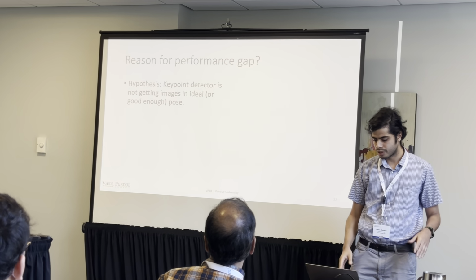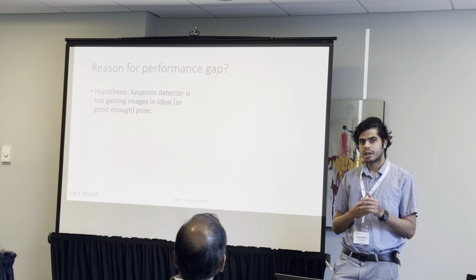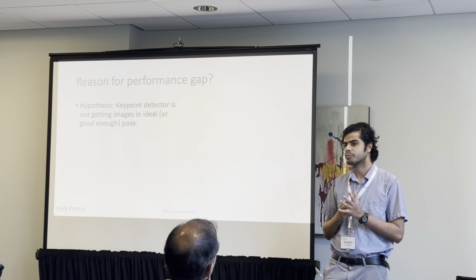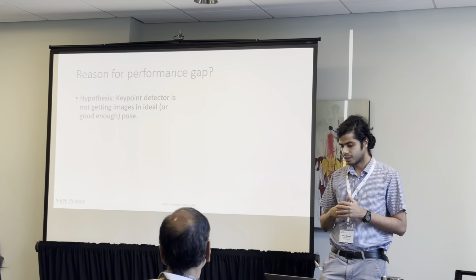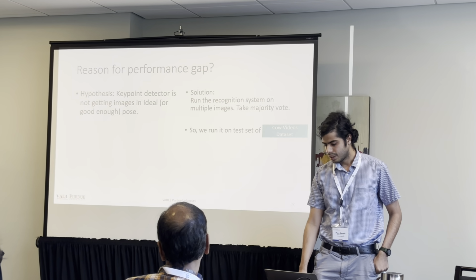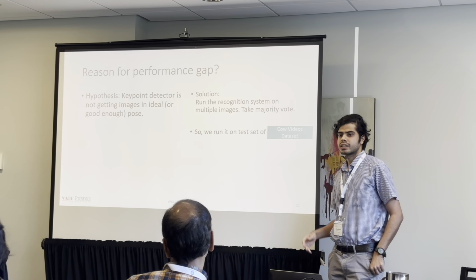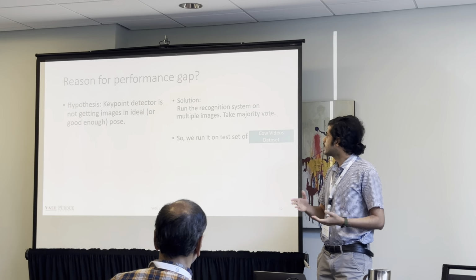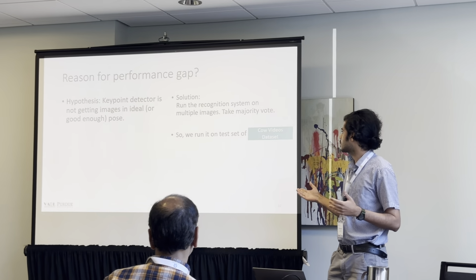So the reason for this performance gap, we came up with this hypothesis that the key point detector is not getting images in the ideal pose for this to work. So as a solution, we thought of running the recognition system, the entire system, on not just one image, but on multiple images of a cow and taking the majority vote.